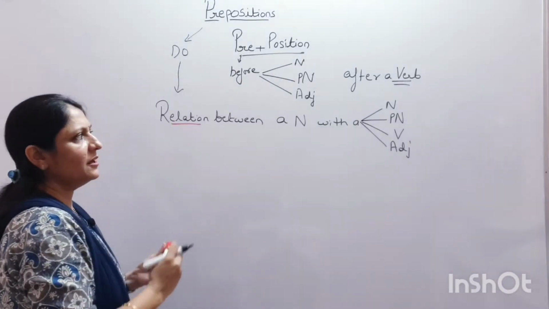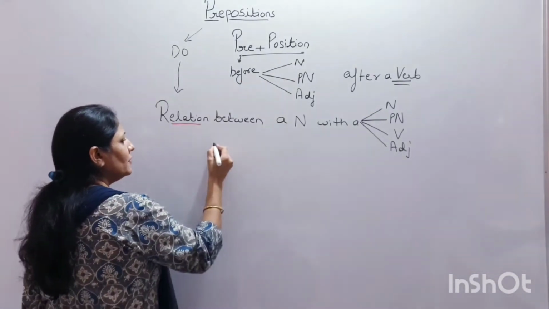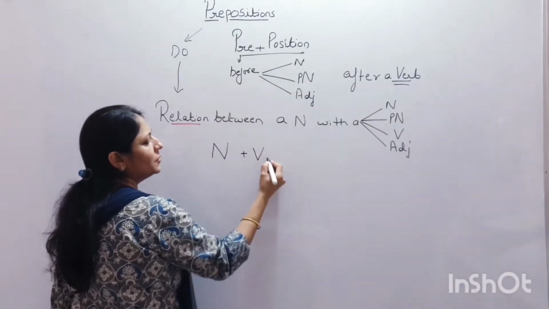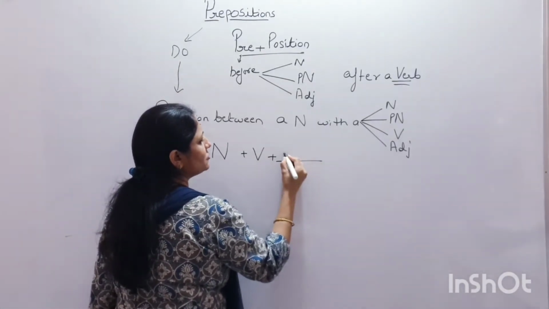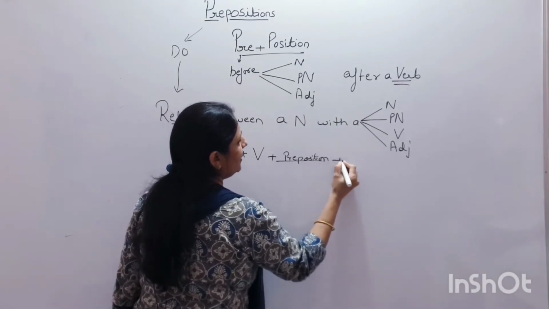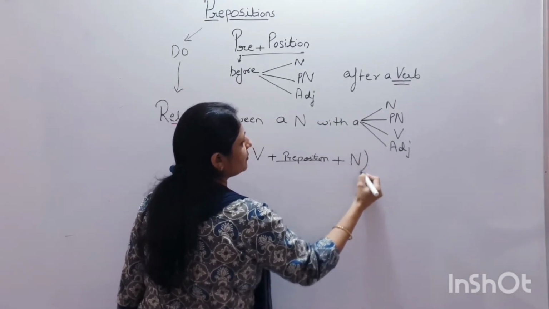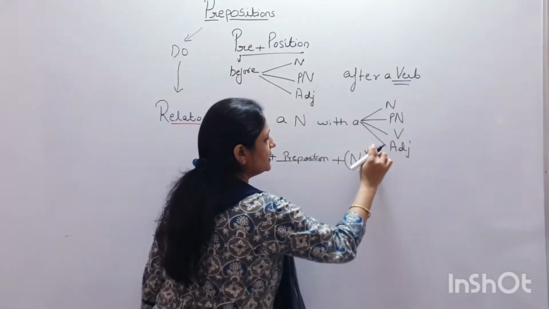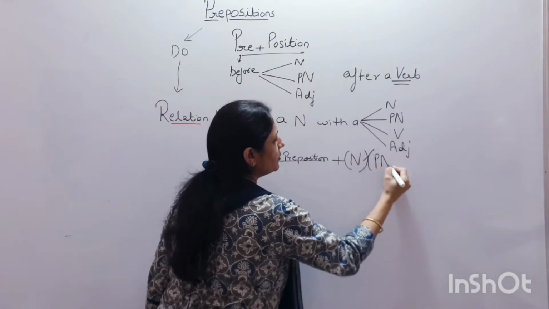So, if I make a flow diagram, here there can be a noun, then there can be a verb, and then there is normally a preposition, and here again there can be a noun or a pronoun.